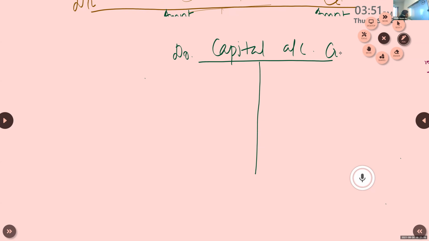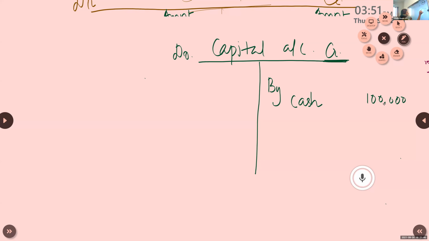Then what is to be done there? Capital account is credited. That means on the credit side of the capital account, we will write by cash. And how much is the amount? 1 lakh.